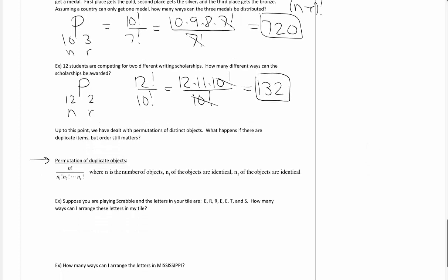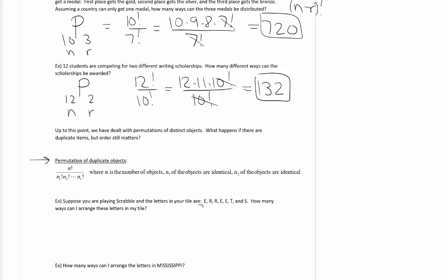So let's take a look at a couple of examples. Suppose you're playing Scrabble and the letters that you have are 3 E's, 2 R's, a T, and an S. How many different arrangements do I have with the letters for my tiles? So again, order matters for this, and I can only use each individual letter once, but there are going to be repetitions.